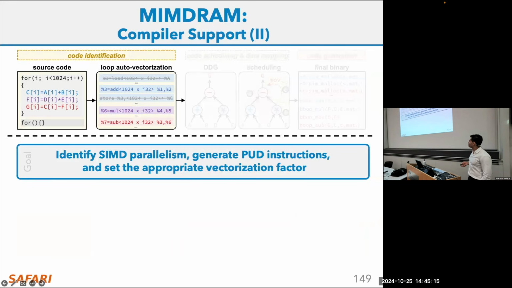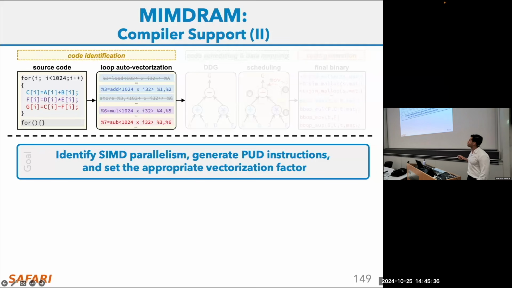And finally, we do some code generation. The first pass is responsible for code identification. You're just reusing what LLVM has for loop auto-vectorization: we take a loop, we auto-vectorize that loop, and that generates some vector instructions here.